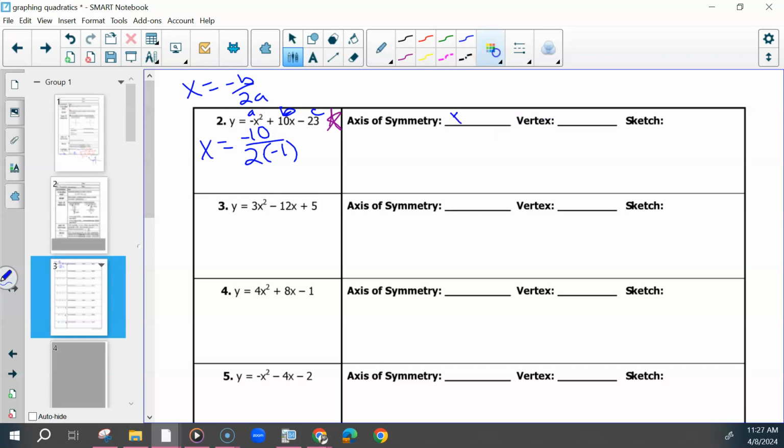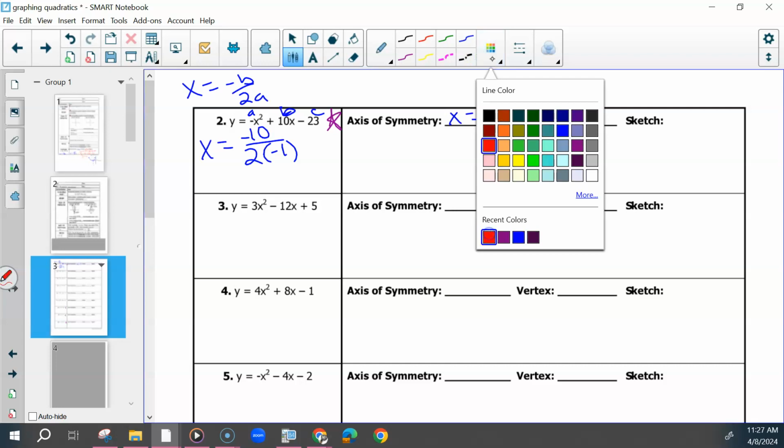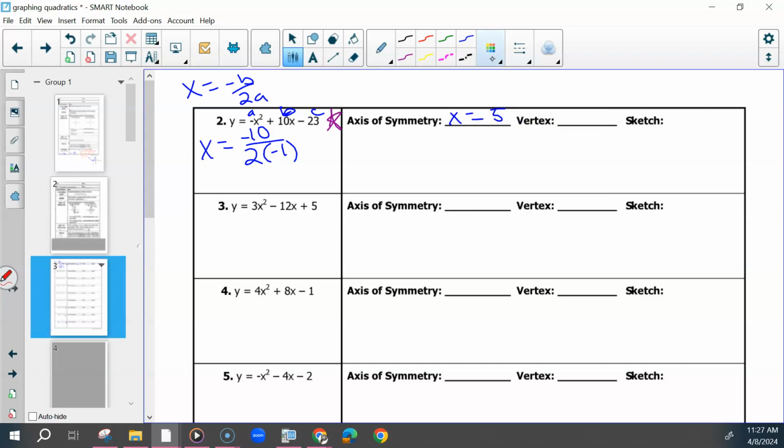What would your axis of symmetry be if you simplified it? X equals 5. Make sure you have that x. Okay, and then if we find the vertex, go ahead and put 5 into all of your x values and figure out what y is.